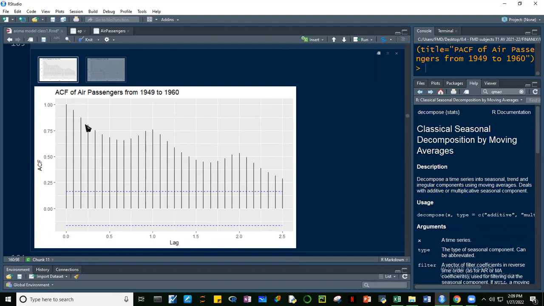Ito 2 past values, 3 past values, hanggang 30 past values. Now you notice guys na medyo correlated talaga sila, no? Ibig sabihin, correlated yung value ko ngayon at saka yung value at time 10.